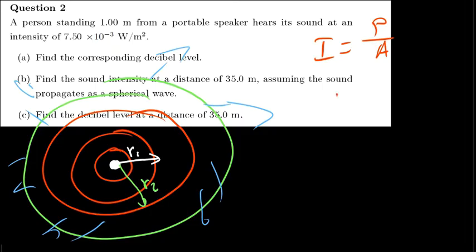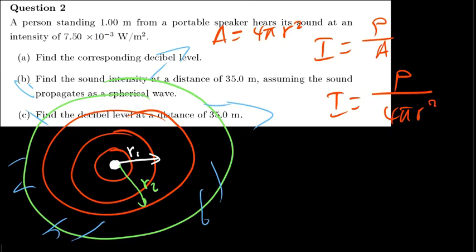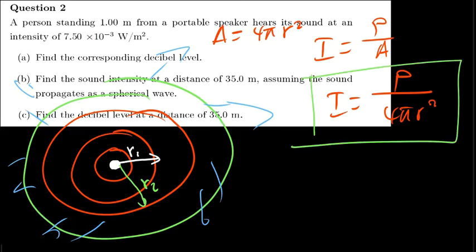Now for this intensity, we have power divided by area, and the area of the spherical wave is given by 4 pi r squared, meaning that I can replace the area with 4 pi r squared. So that's the basic idea behind intensity: intensity is given by power divided by area.